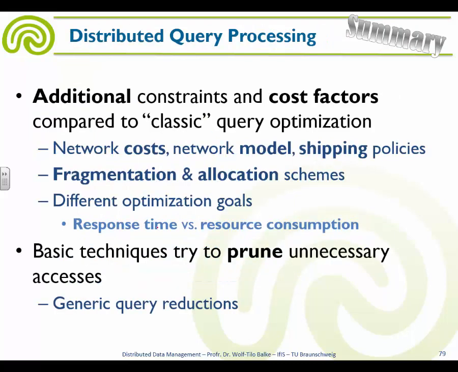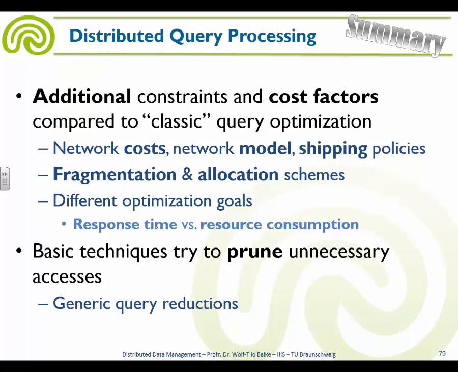Good. Summary. So distributed query processing has a lot of constraints similar to centralized query processing, but we can exploit certain things, right? And we can compute cost factors that are basically comparable to what we have in classical query optimization. We have to focus on network costs, we have to focus on the model of the network, on things like shipping of data and query paths.